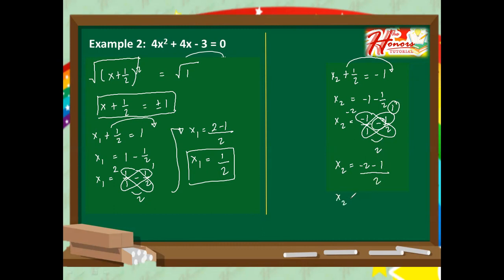Then we have here x sub 2 is equal to negative 2 minus 1, that's negative 3. Because the signs are both negative, add the numbers and then copy the sign. That's why it is negative 3, and then copy 2. So x sub 2 is negative 3 over 2. So these are the roots of the equation 4x squared plus 4x minus 3 equals 0 by completing the square.